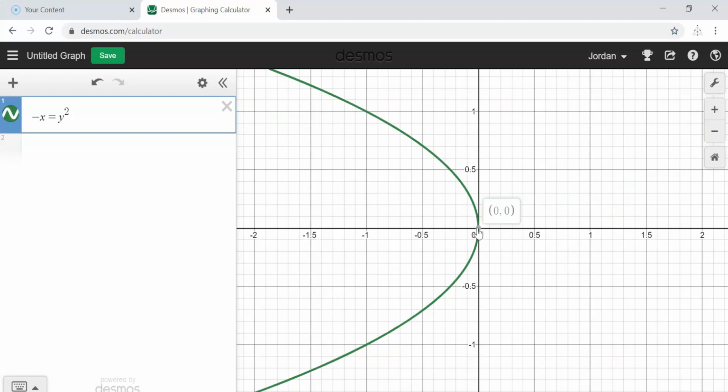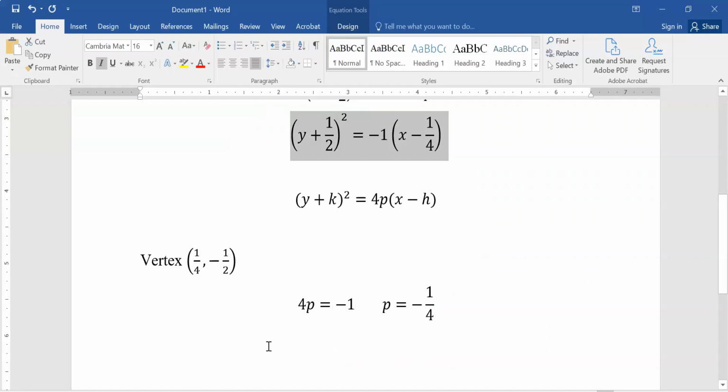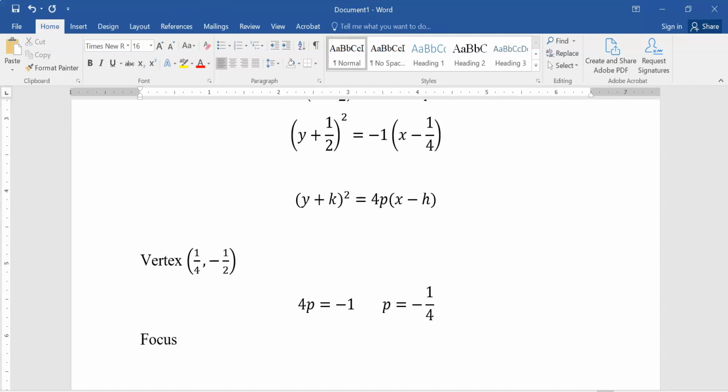And what that means is that when you're dealing with a focus, your focus should move to the left however many units that p is. And your directrix should move to the right however many units p is. So in this case, my focus should move to the left of the vertex.